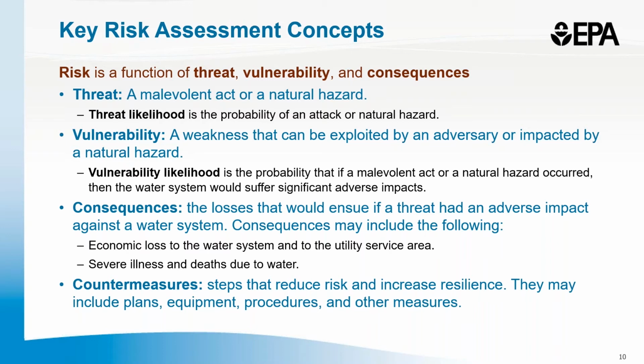The consequences are the losses that would ensue if a threat had an adverse impact against a water system. Consequences may include things such as economic loss to the water system and also to the utility service area. It could have illness or deaths if there was water contamination. Going back to the power loss example, the threat is the hurricane that takes out the power.